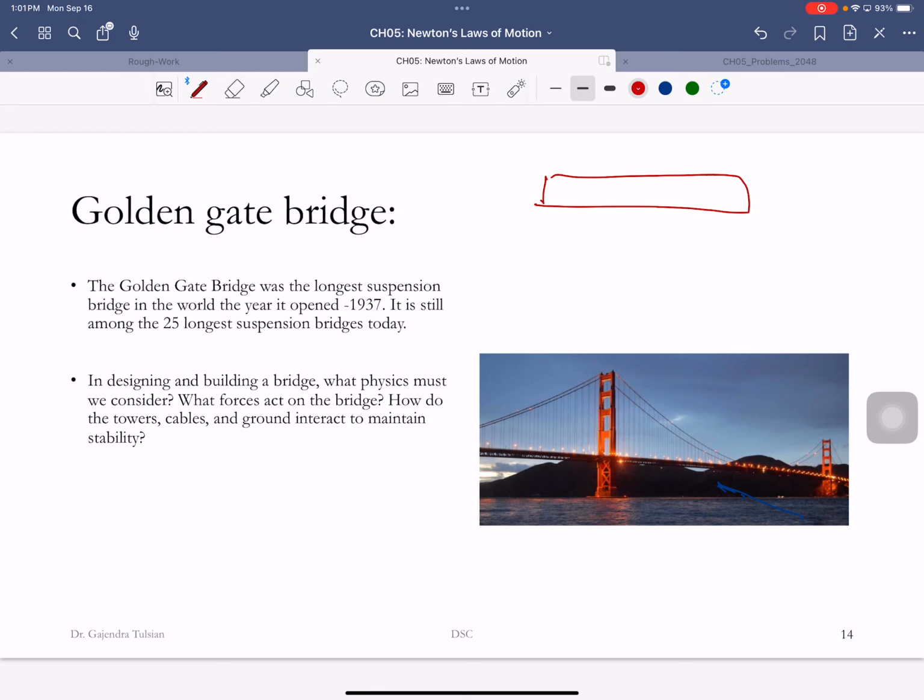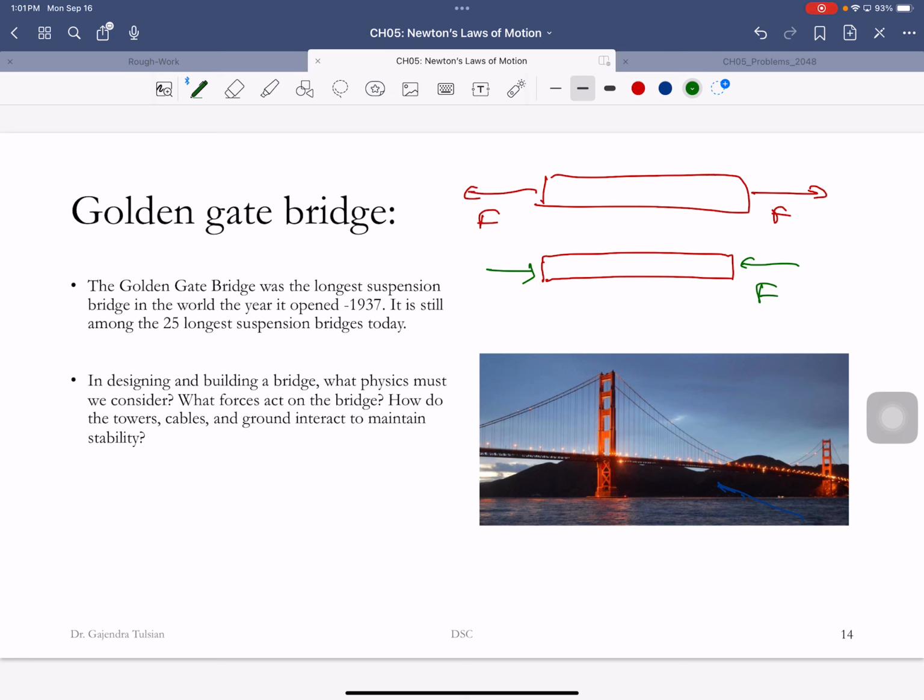I've just drawn it horizontally. Let's say you're trying to break this concrete structure by pulling on it. This is called applying a tensile stress. Same concrete structure, this time you're applying a compressive stress.